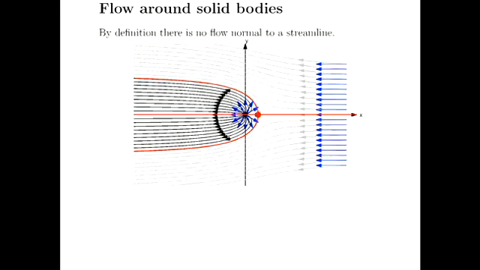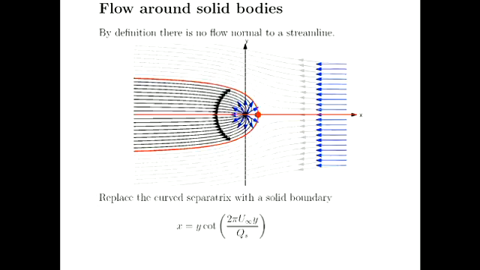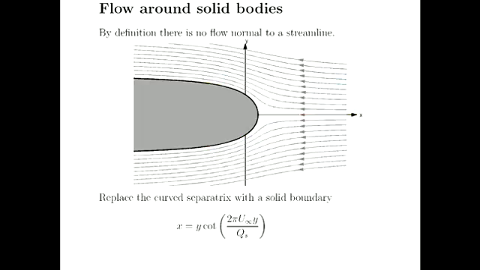Okay, so finally on Tuesday, we said that since the flow is purely tangential to a streamline, any streamline in our flow field can be represented with a solid body. So we just replaced that curved separatrix with a solid body, say the nose cone of a vehicle.